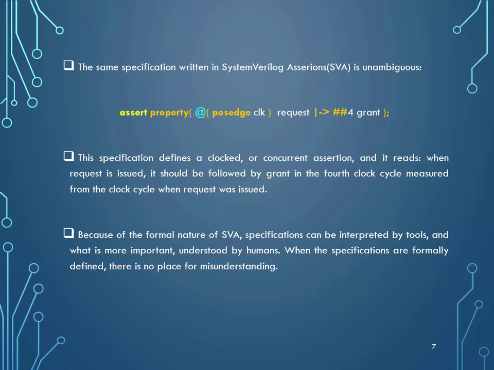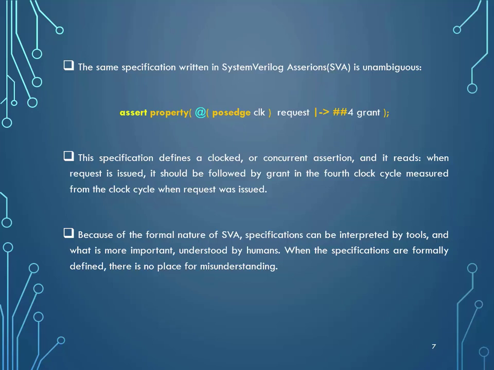So really, if we go to the formal specification language and we write it, it is what we meant. Everything that is written is what we meant. So let's go and read this assertion, which is encapsulated in a property. We have a posedge of our clock, checking on every clock.